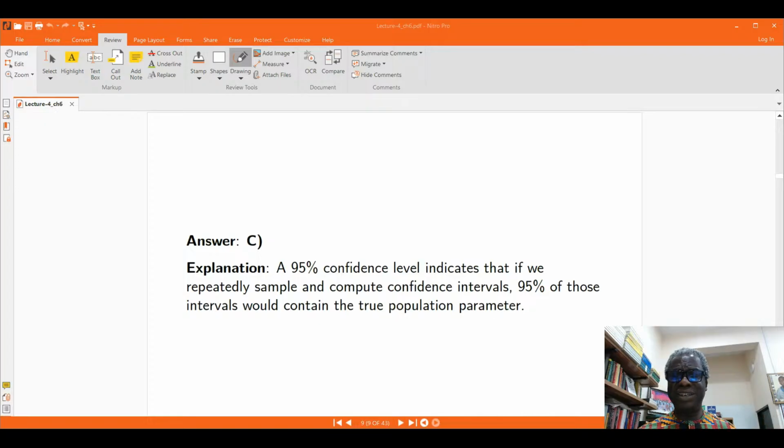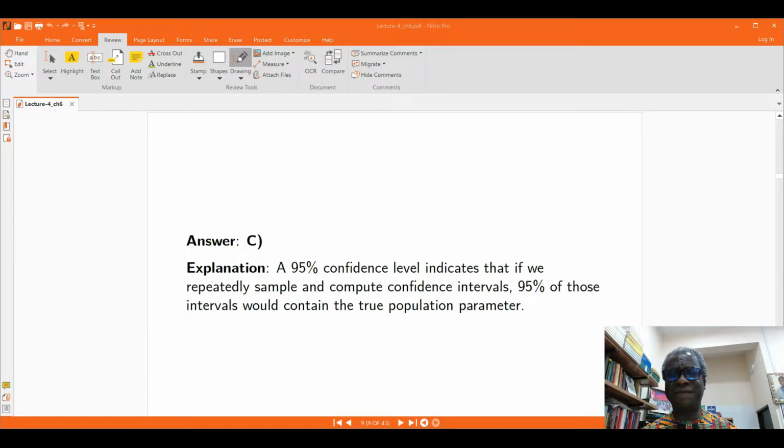You take another sample of the same size from the same population, you compute the confidence interval, and you repeat this 100 times, which means you will have 100 confidence intervals.